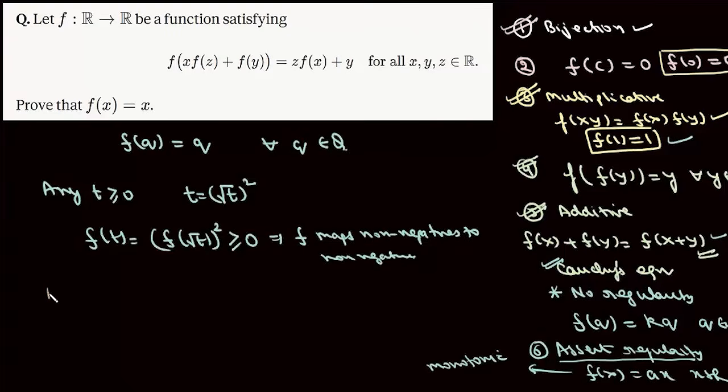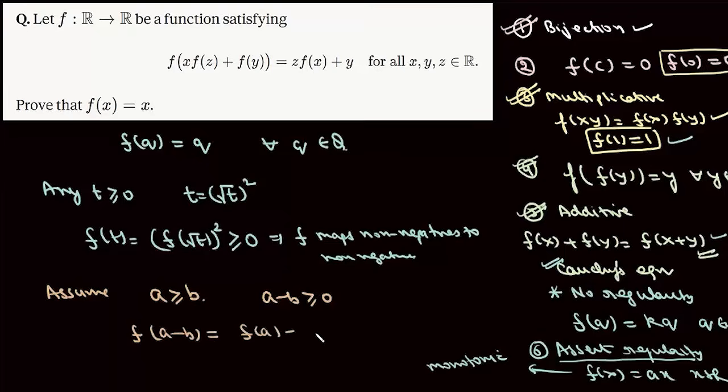Now what we'll do is we'll assume let a be greater than or equal to b. Then we can write a minus b is greater than or equal to 0. Now from additivity, we can write f(a minus b) will be equal to f(a) minus f(b), and since f is greater than or equal to 0, it will be greater than or equal to 0.